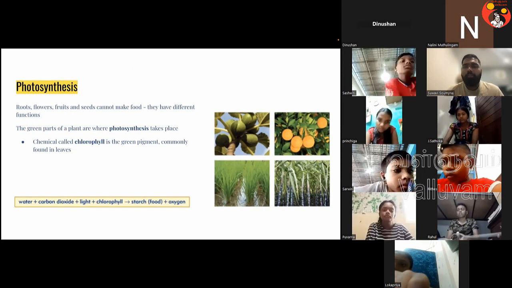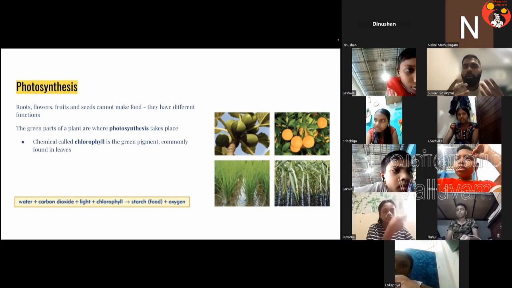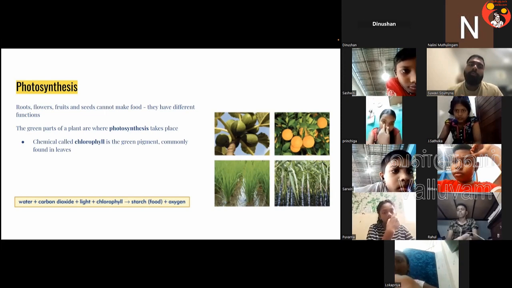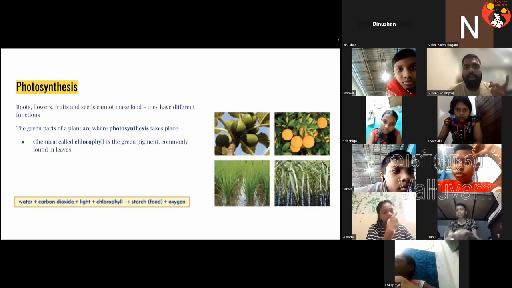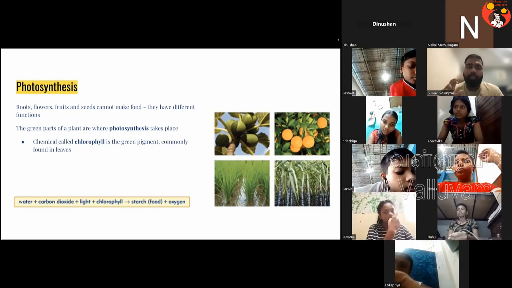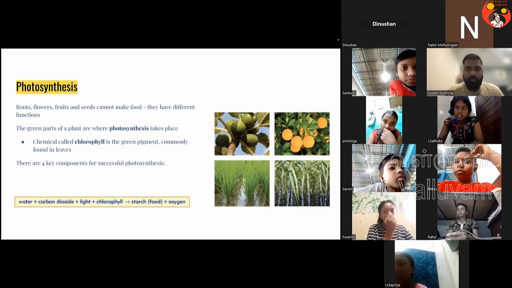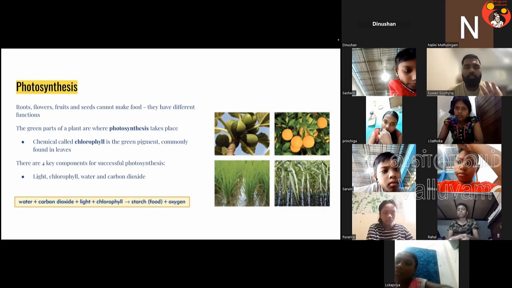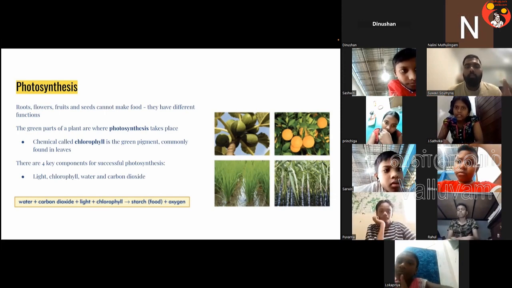Now, for photosynthesis to take place, there's 4 key elements. And one of the most important of those is a chemical called chlorophyll. Now, chlorophyll from a visual point is the chemical that creates the green color or the green pigment that's found in the leaves. The 4 components, including chlorophyll, are light, water, carbon dioxide, and chlorophyll.